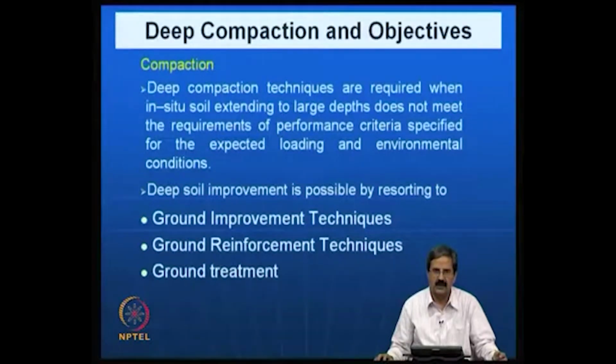So, what we do is that by using some deep compaction techniques which we will be discussing, we try to stabilize the in situ soil, which is for example about maybe 10 to 20 meters below the ground level, as opposed to the shallow compaction where you just compact the soil to about half a meter to 30 centimeters in different layers.